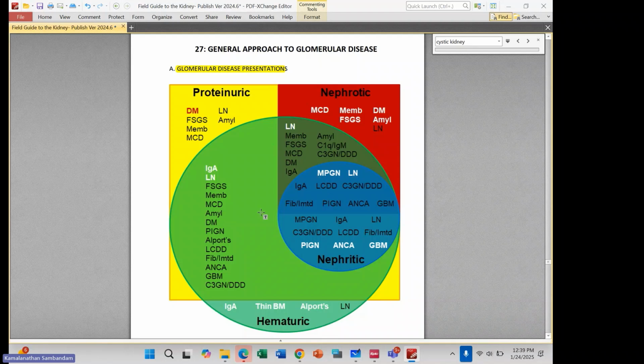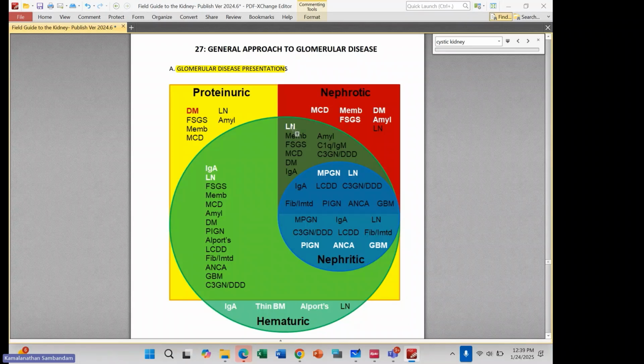Now, I'll make a few more distinctions and then I'm going to move on. Notice that even though many of you have already thought a significant amount about minimal change, FSGS and membranous, and understand them to be diseases that present with heavy proteinuria but no hematuria, you might assume that these three do not present much with hematuria.